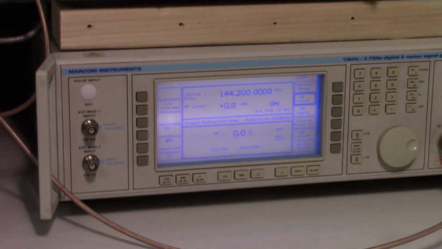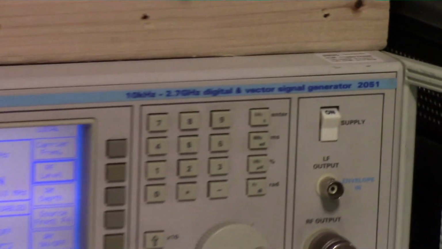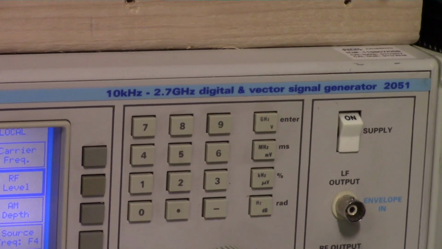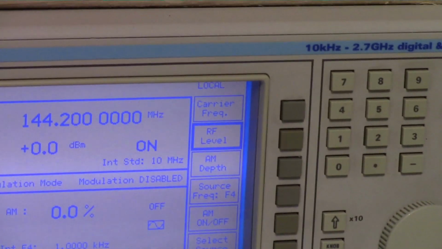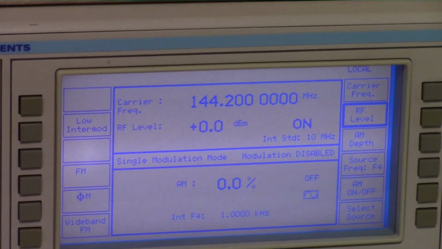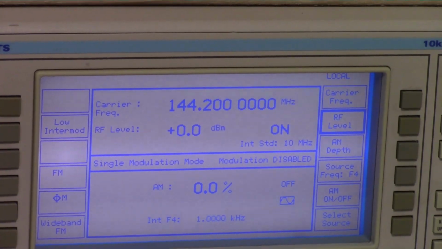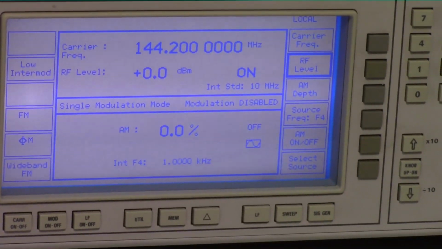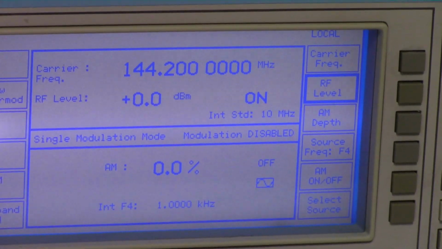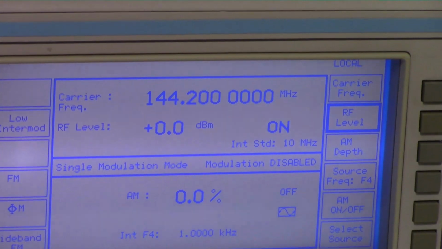In this case, I'm going to be using a Marconi RF signal generator, the 2051. I'm going to use it because it's currently in calibration, and it's a good signal generator. I've got it set up for the same frequency as the TS2000, right at 14.2. We have all the modulation disabled. In other words, we're going to be working with just an RF carrier at a single frequency.